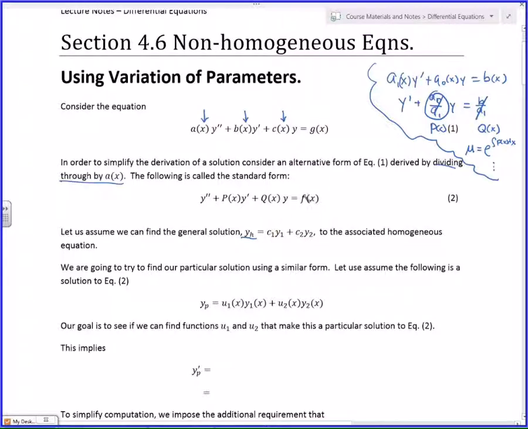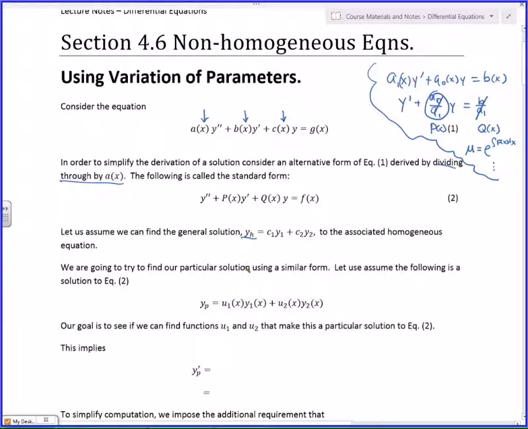So for now, we're kind of assuming that these are constant, because we know how to do it when those are constant. Okay, now our goal is to try to find a particular solution. So in this case, my general solution has a constant here and a constant here, C1 and C2. I'm going to make another educated guess. So even though I called the method of undetermined coefficients the educated guessing method, this is also kind of guessing.